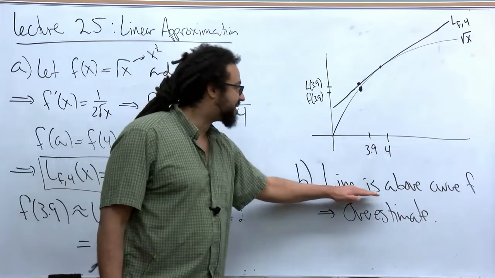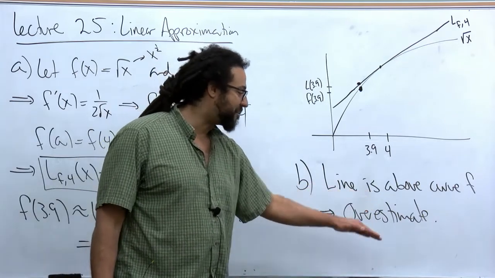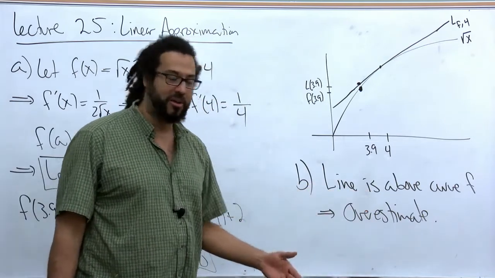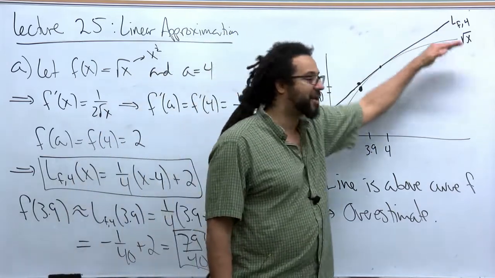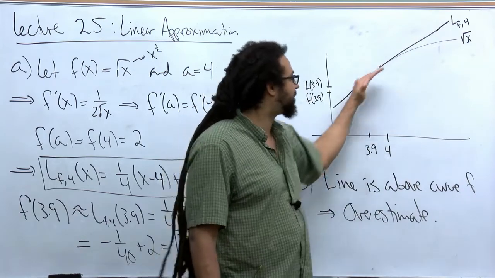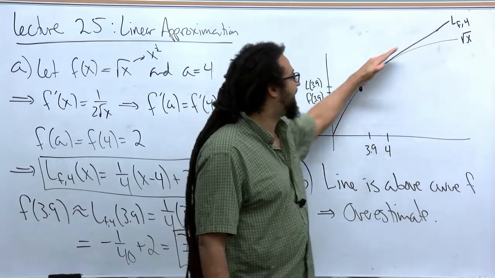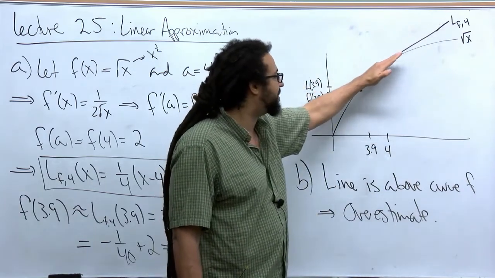Now, is this estimate, or this approximation, an overestimate or an underestimate? You can see the square root of x is always what we call concave down. You can think of it as spilling water. And so the tangent line always sits above the curve.